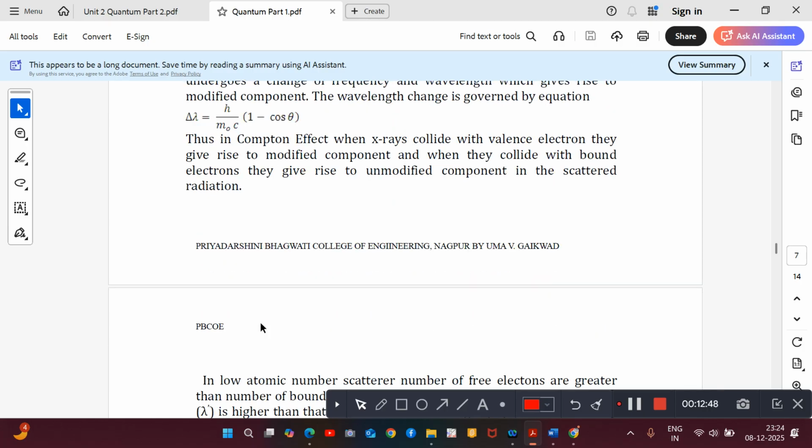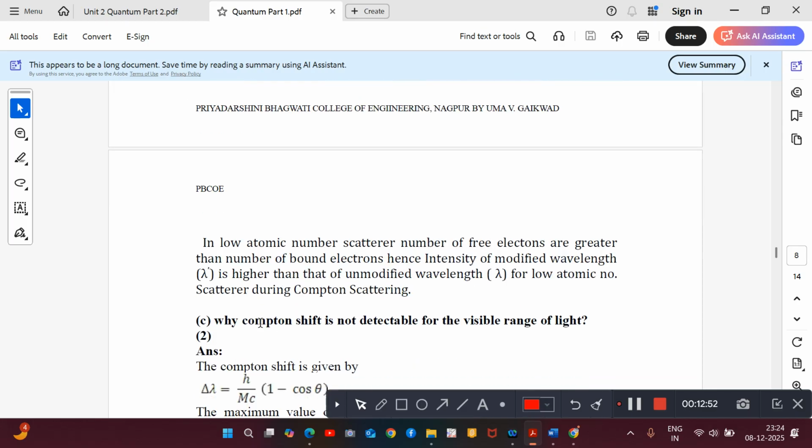This is the Compton effect which we have studied. But in low atomic mass number scatterers, the number of free electrons is greater than the number of bound electrons, and hence the intensity of modified wavelength is higher than that of the unmodified wavelength.